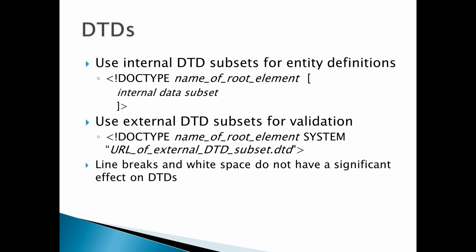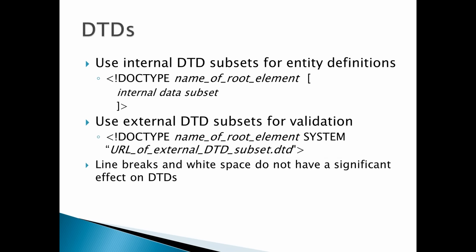DTDs can either be internal or external. You might want to use internal DTDs for entity definitions, and we see an example here. It would start as a doc type line. So you see the less than sign, an exclamation point, and then the word DOCTYPE, then the name of your root element, and enclosed in square brackets will be your internal data subset, or the name of your child elements.